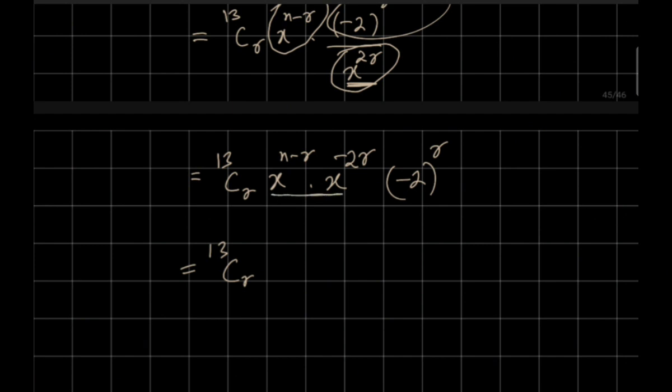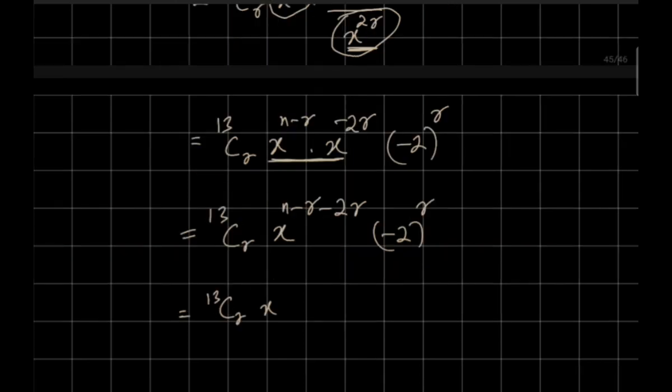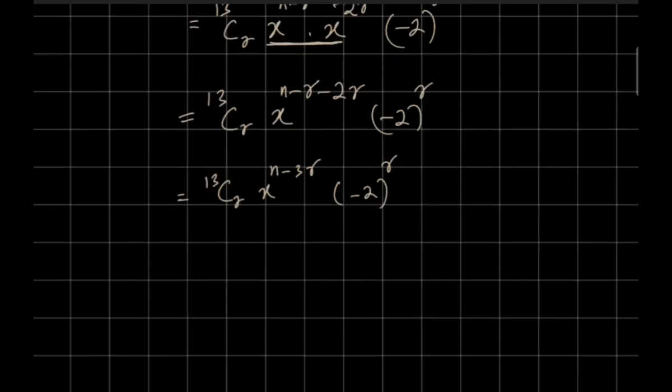Since the bases of these two terms are the same, we will add their powers. We will get n minus r minus 2r. So you will get 13Cr x to the n minus 3r times minus 2 to the r.